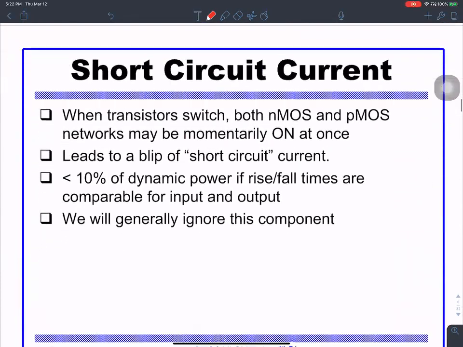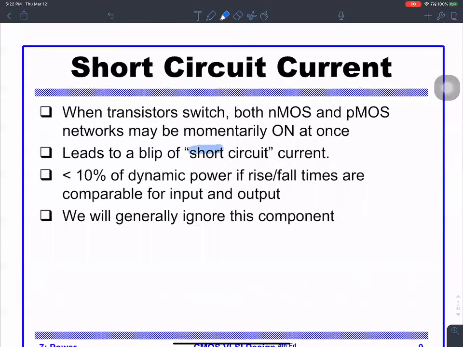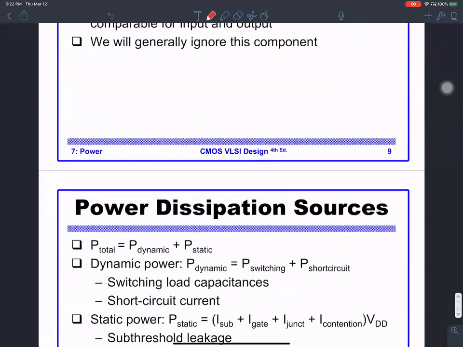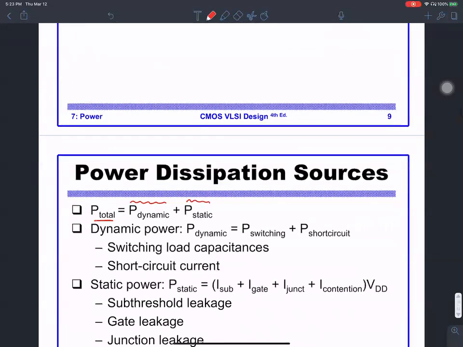And then I mentioned that the short circuit current, the teeny tiny blip of current, is actually a very small percentage, about 10% of the total dynamic power consumed by CMOS circuits. And I also mentioned that the total power consumption equals the dynamic power consumption, which is doing useful work, plus the static power consumption, which is mostly leakage currents and contention current.